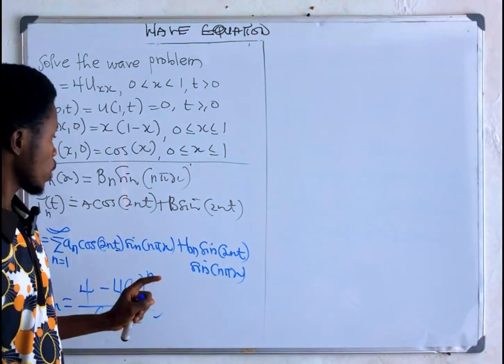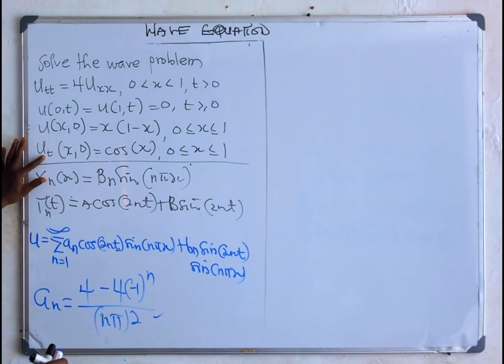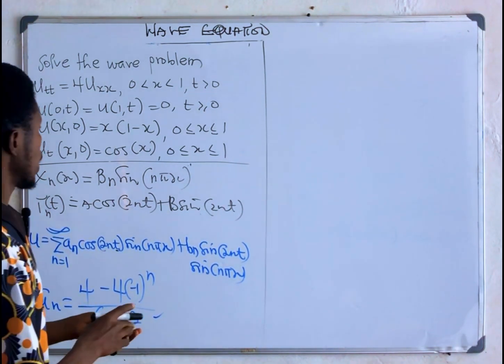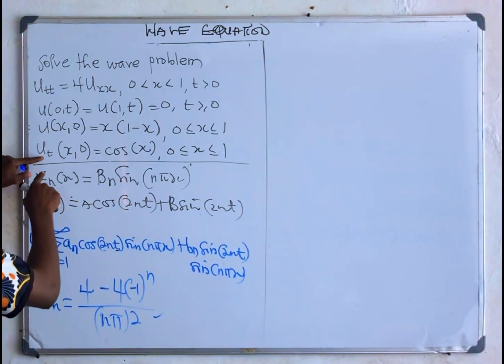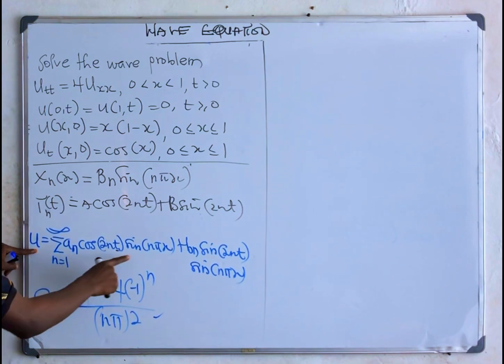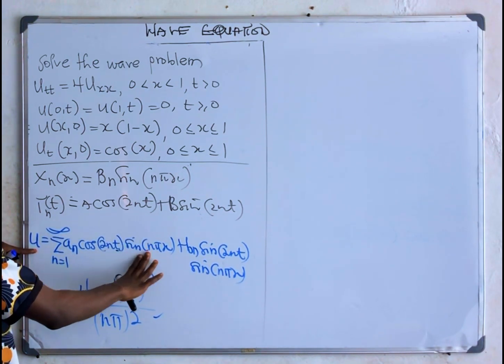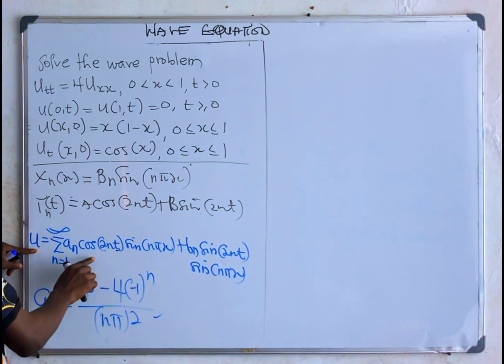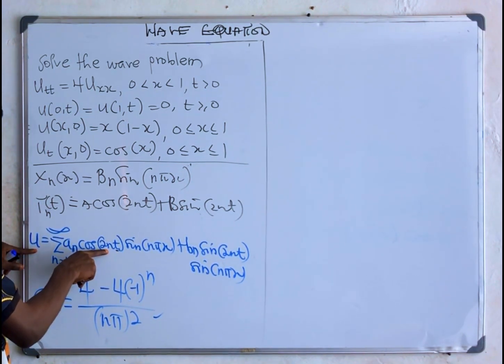Right, so now let's look at the ut. We are done with this initial condition, so we are moving to the ut. And that one means we need to differentiate this one with respect to t. So sine n pi is constant. Cos 2nt is what you are differentiating. If you differentiate cos, you get negative sine. And if you differentiate this with respect to t, you get 2n.